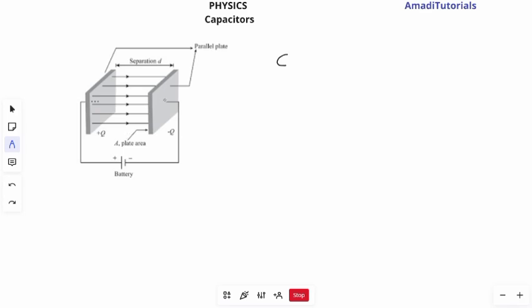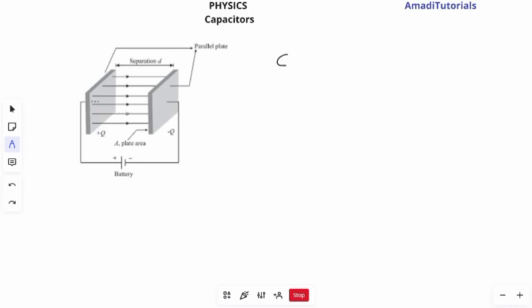Here you have two parallel plates, separated by a distance labeled D, and between these parallel plates is what we call the dielectric. The dielectric is the material between the parallel plates of a capacitor in which the electric field is stored. The electric field is generated there.